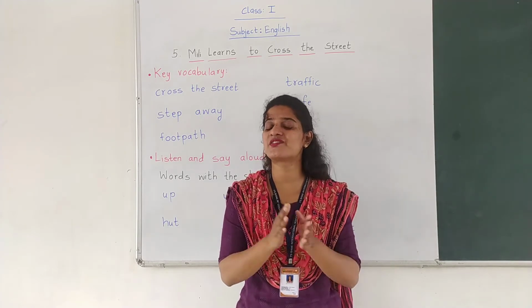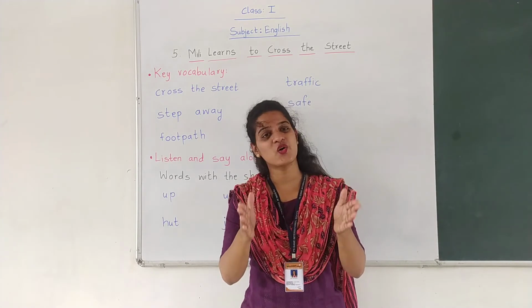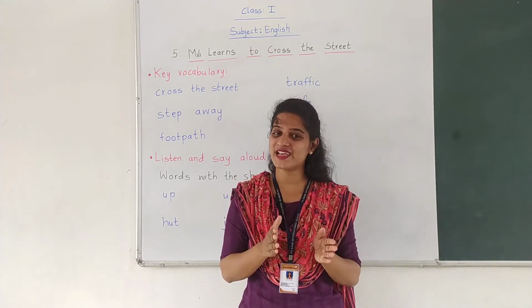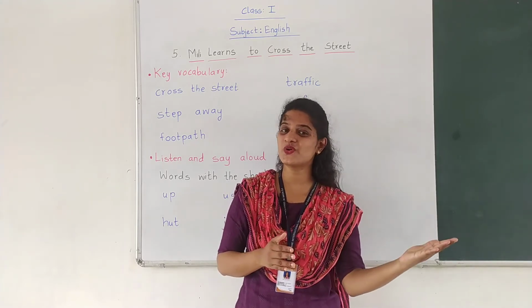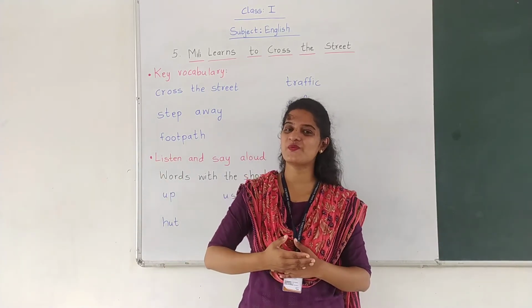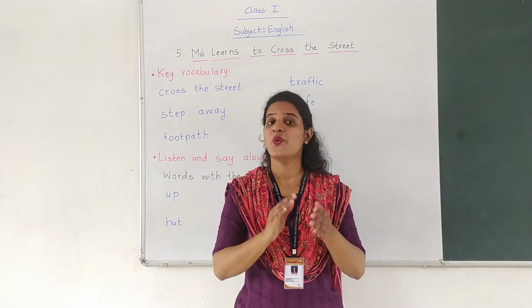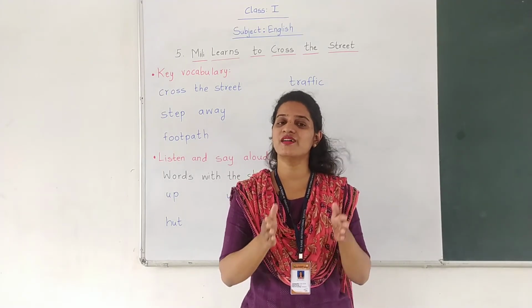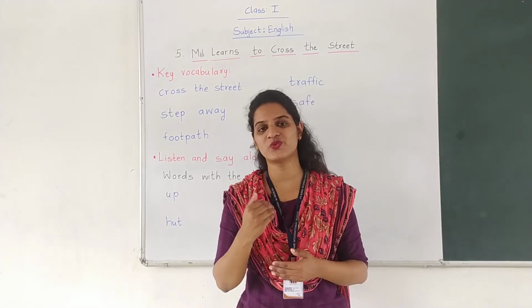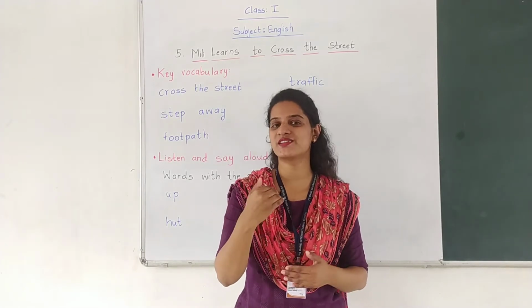Now, what do you mean by street? Street means road. Now, there are many roads. The road which takes us from home to school, from home to market, from school to our home, right? So, one day her mother tells her that you should know all the rules to cross the street.